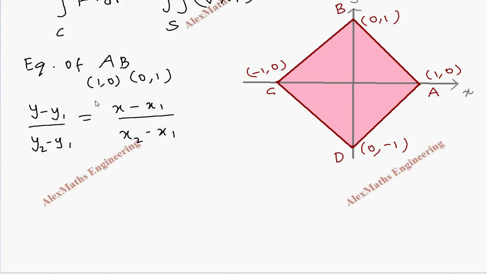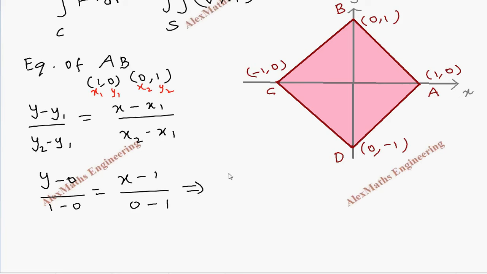Substituting, we get y by 1 equal to (x minus 1) by minus 1.